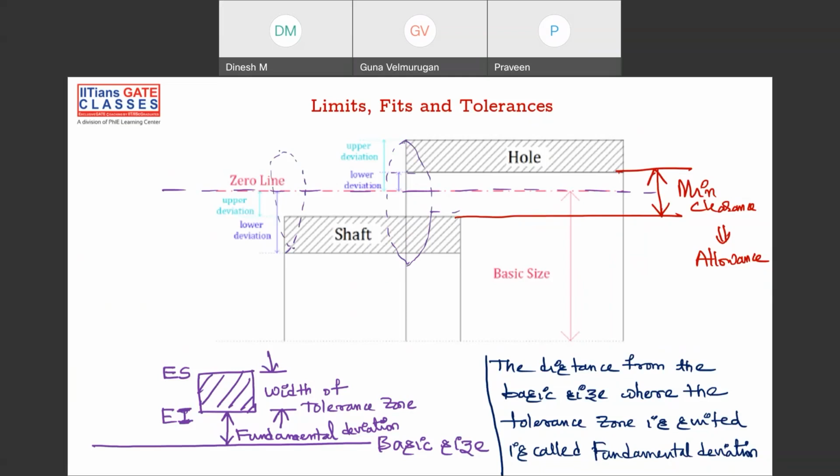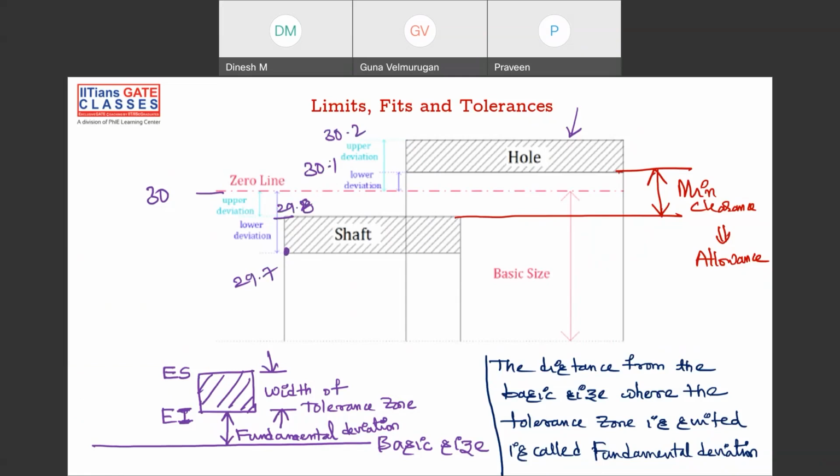They have cut it symmetric, right? Let us assume this is 30, the hole size minimum is 30.1, maximum is 30.2, and for the shaft the maximum value is 29.8, and the minimum value is 29.7.